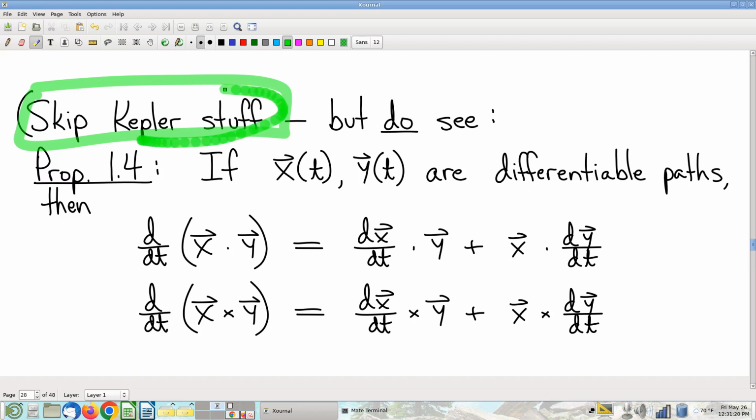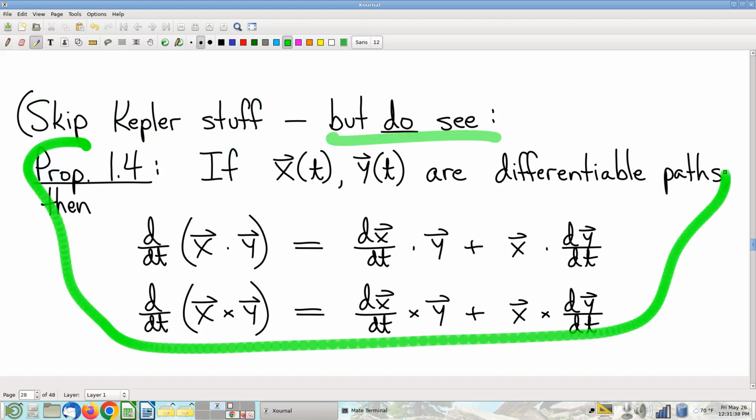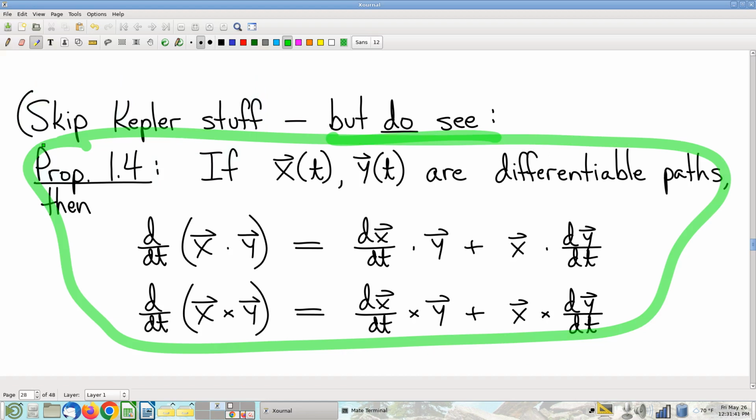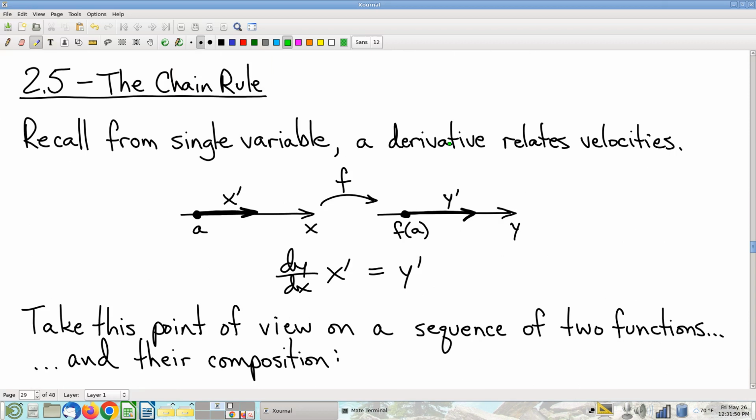There's an entire subsection in the book all about Kepler's study of planetary motion, and you don't have to do any of that, with the exception of what they call proposition 1.4, which is just a sort of product rule for parametric curves.